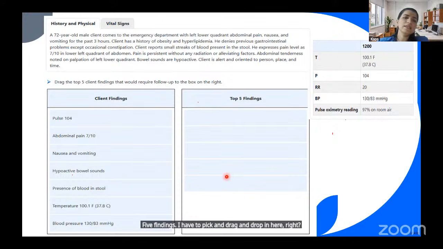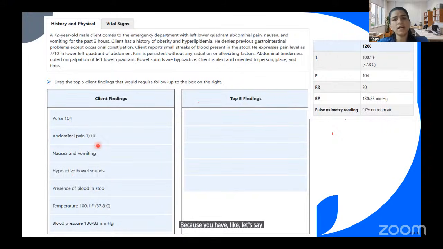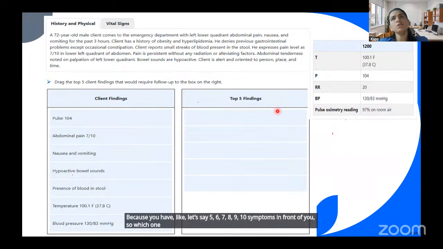So obviously, even if this is a part of follow-up and they said top 5, if you think in simple terms, this is still about the priority at the end of the day. Because you have, let's say, 5, 6, 7, 8, 9, 10 symptoms in front of you. So which one do you think is on the top 5 list out of them? So that is still a priority, even if the question doesn't say that, right?